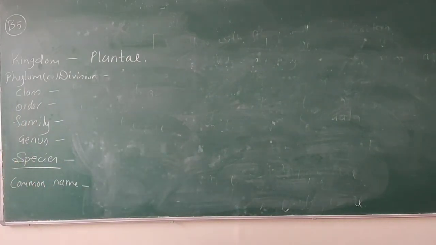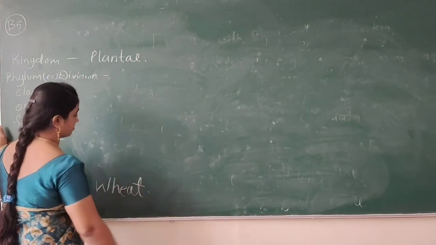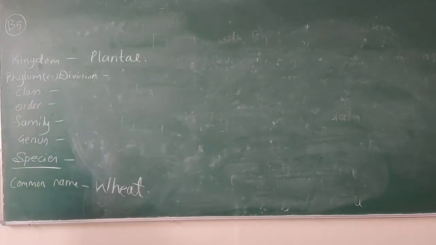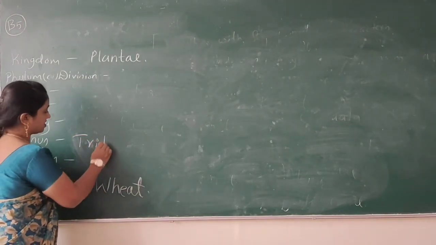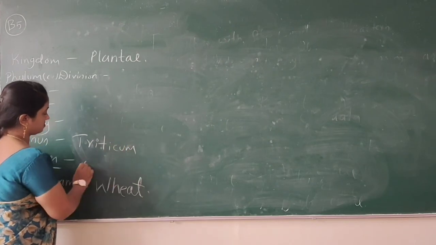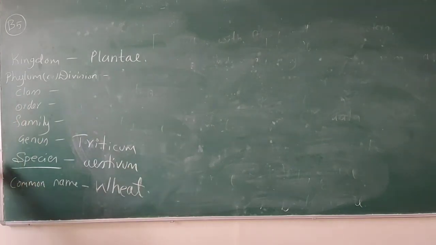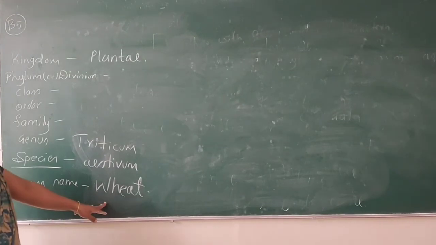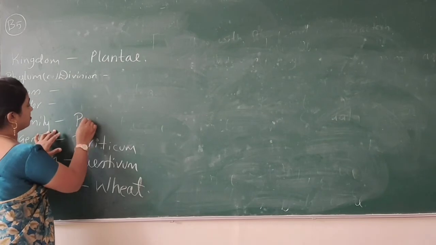One more we have, that is wheat. The wheat systematic position is as follows. The scientific name of the wheat is Triticum aestivum, and this wheat belongs to the family Poaceae.